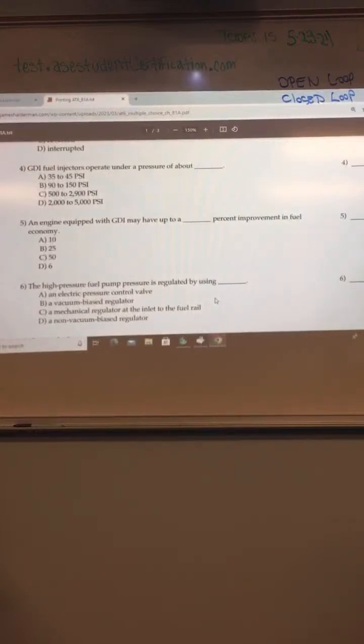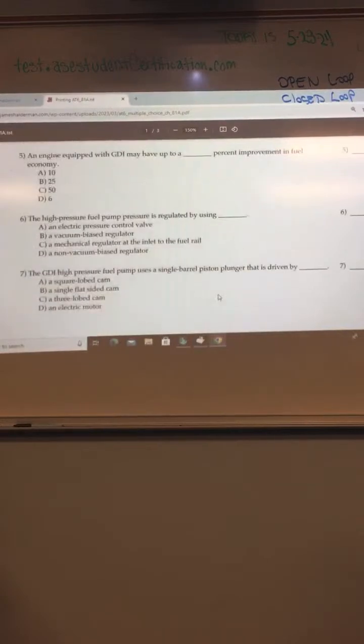GDI fuel injectors operate under the pressure of, how about a D? D is incorrect. She says C. C, okay. 500 to 2,900, all right.